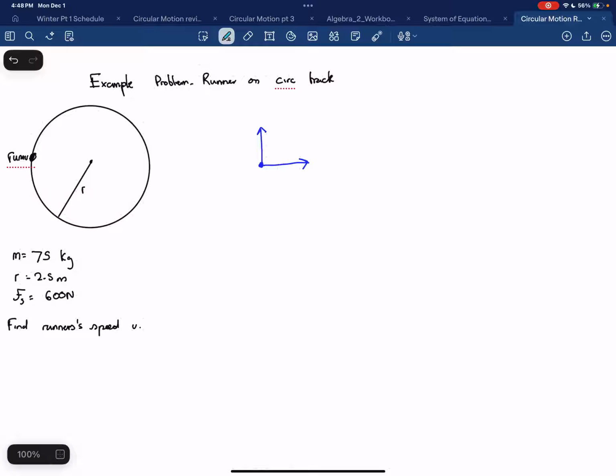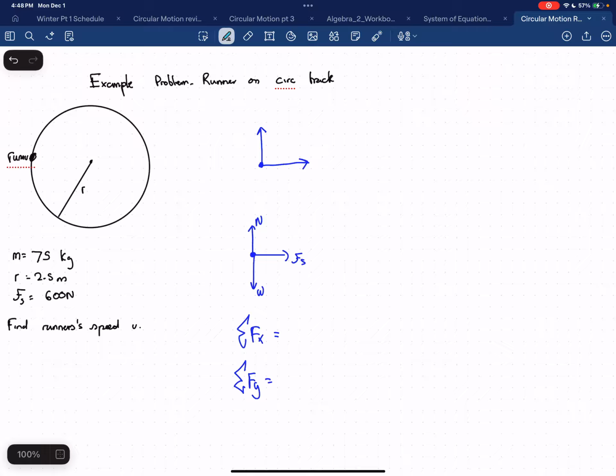So I'm looking at my runner like a dot, from the side, basically. What forces are acting on my runner? Well, he's on a surface, so he has his normal and weight. And pointing inwards is friction, static friction. So I get the forces in the x direction, and then the forces in the y direction.